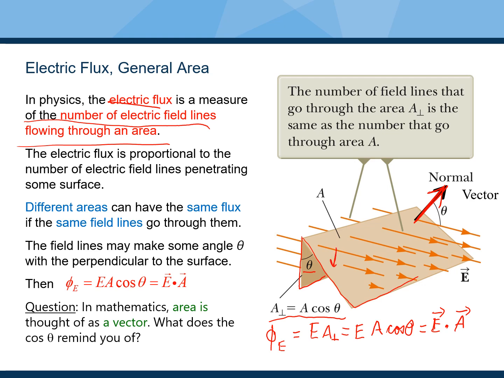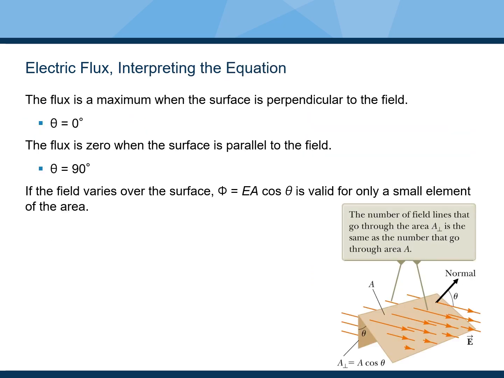So both areas give us back the same answer for the flux, provided the electric flux is proportional to E vector dotted with A vector, and we promote our definition of area to be that of a vector. We will do that by latching on to the normal vector to that area, and we will amplify this notion in the next few transparencies.